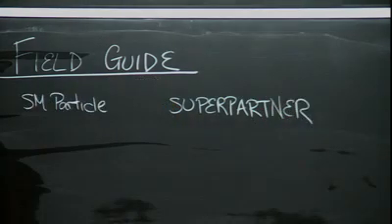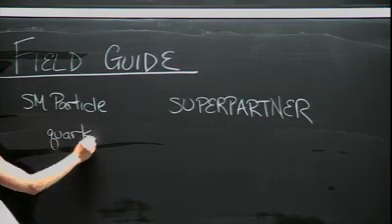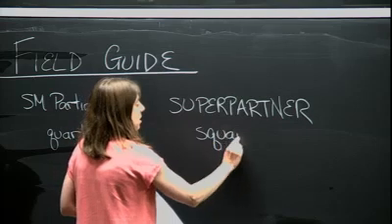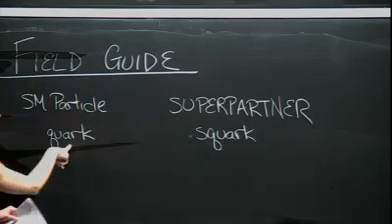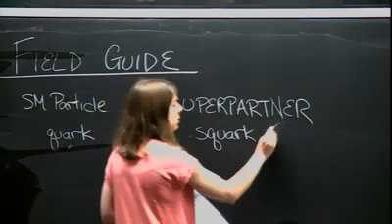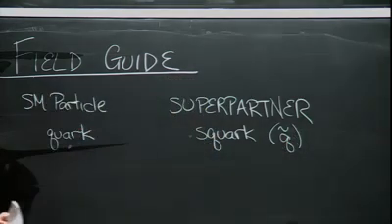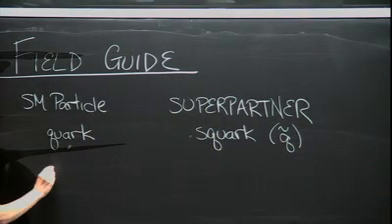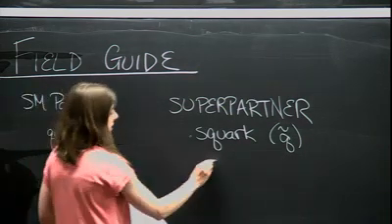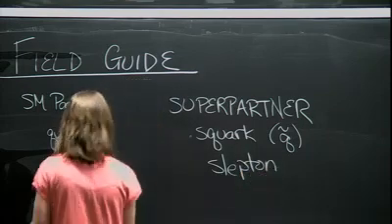So for example, for the quarks, their partner is a squark, so the squark has the same quantum numbers as the quark, except it's a scalar rather than a fermion. And we usually denote the superpartners with tildes. The superpartner for the lepton is the slepton. I think you've probably figured out the pattern by now.